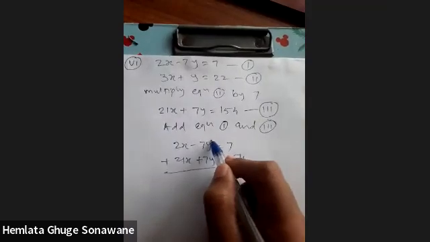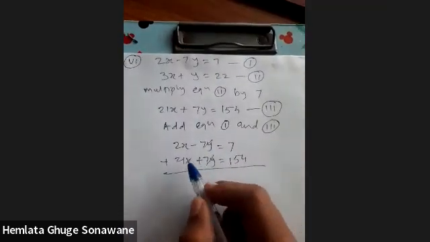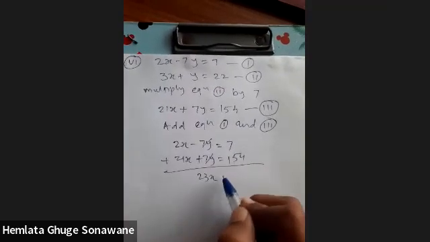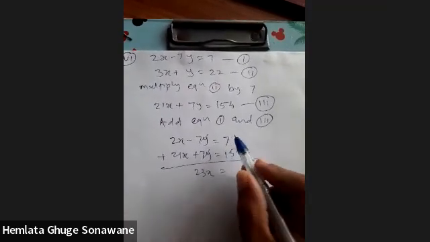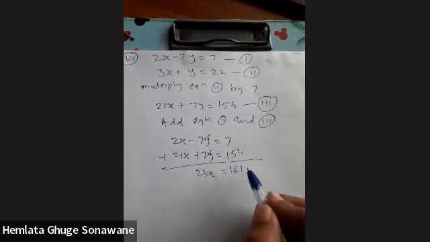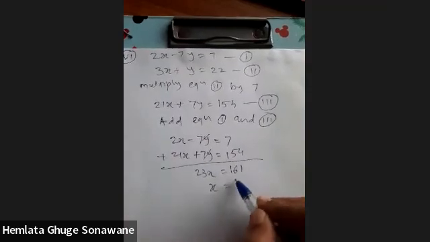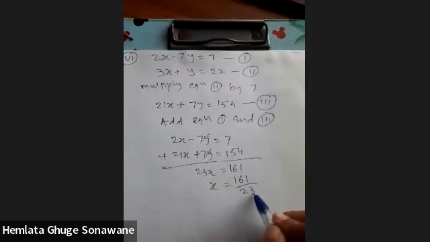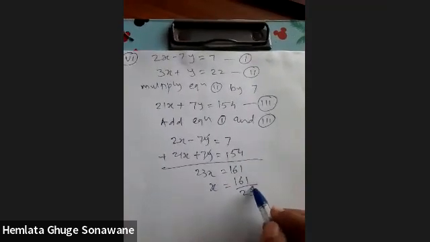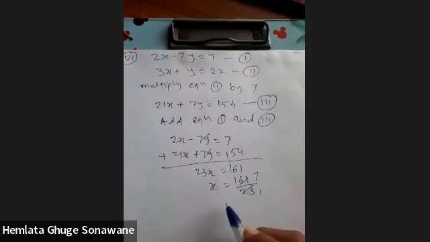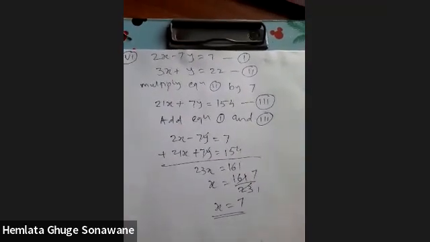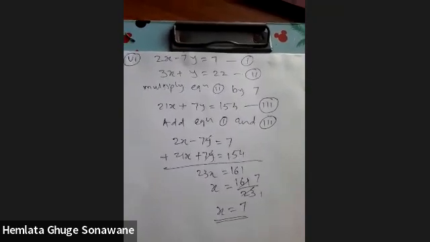Now here minus 7y and plus 7y cancel. 2x plus 21x becomes 23x, and 154 plus 7 becomes 161. Now this 23 divides towards the right hand side. We can simplify this. 23 7s are 161. So x is equal to 7. We have got the value of x as 7.